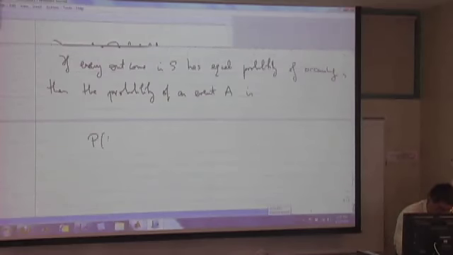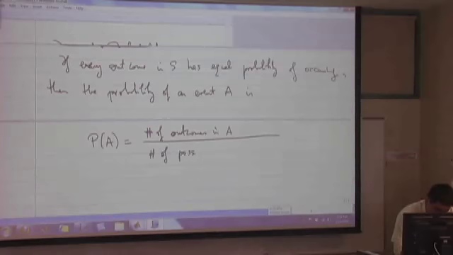So we write P of A to be the number of outcomes in A divided by the number of possible outcomes.